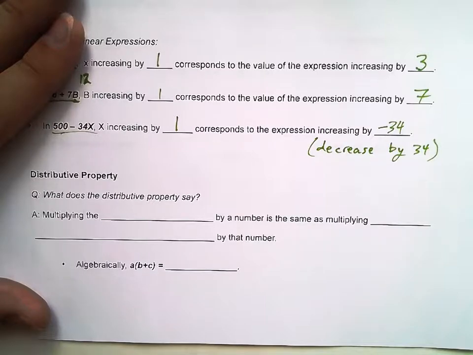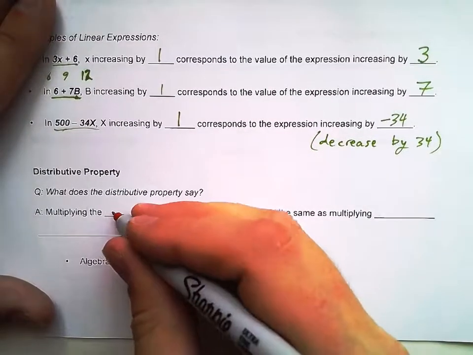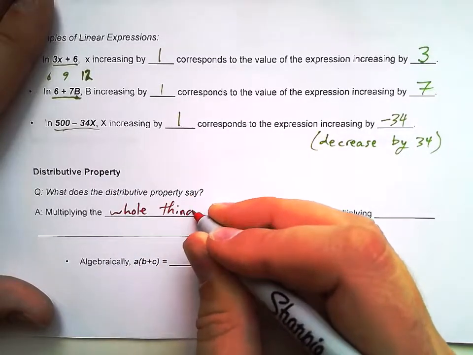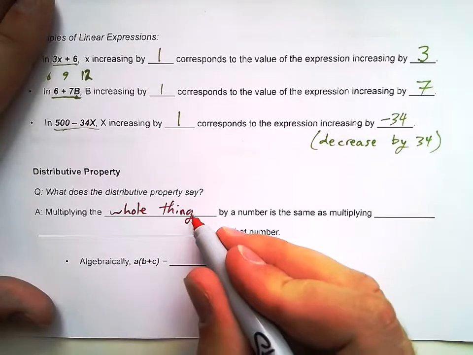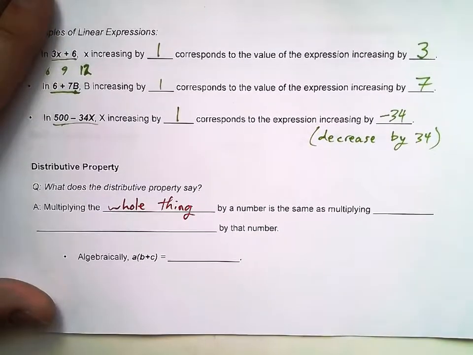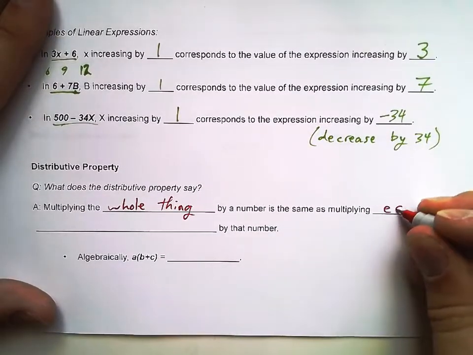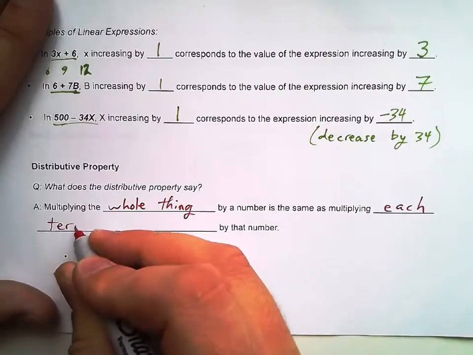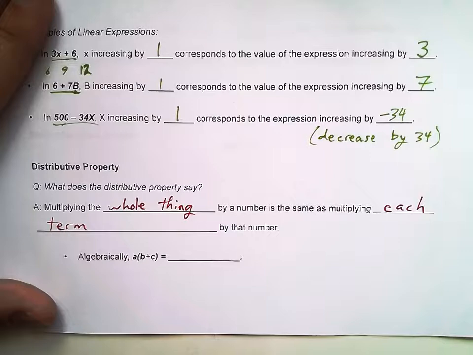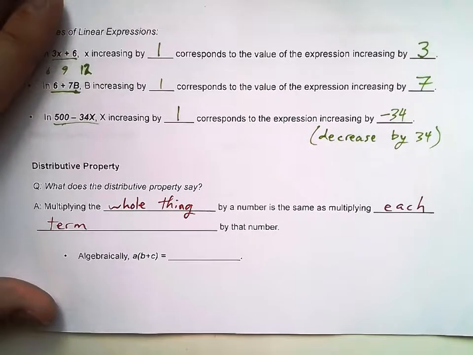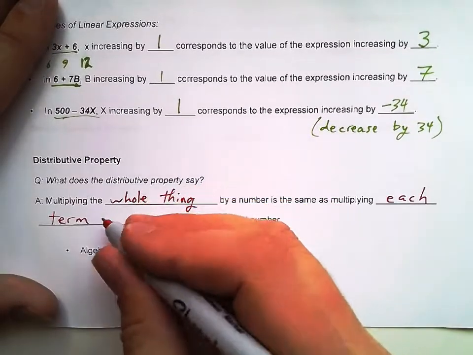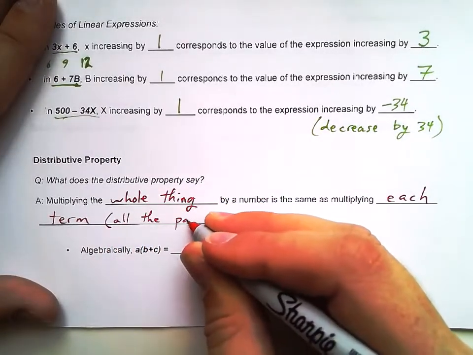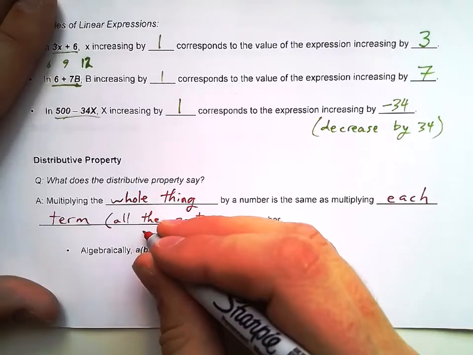The distributive property says that multiplying the whole thing by a number is the same as multiplying each term by that number, or each of the parts that are added.